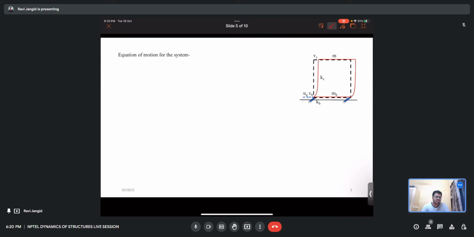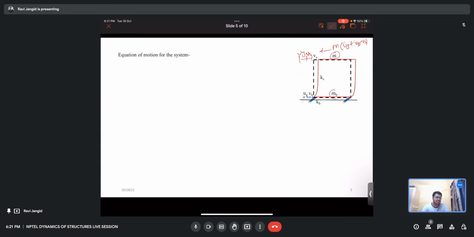Like, what are the forces? For this mass M, the force will be the mass times the acceleration, and the acceleration will be u_g double dot plus v_b double dot plus v_s double dot, first u_g, then v_b, and then v_s.